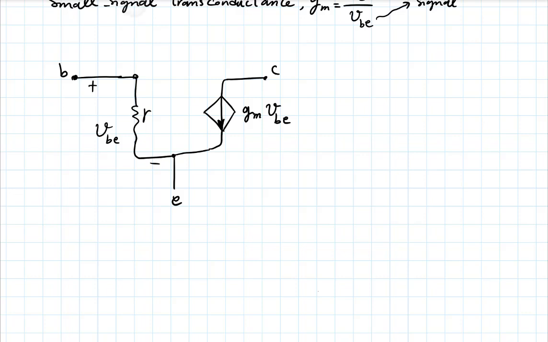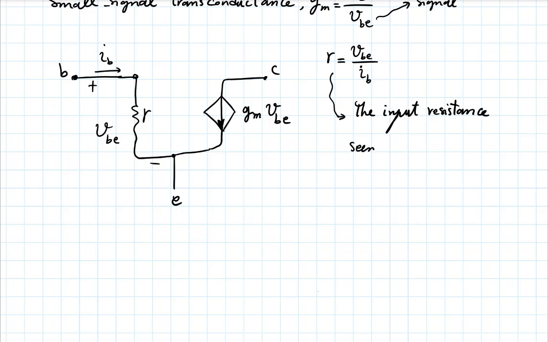This r is another parameter: v_be divided by the base current, the input resistance seen from the base.